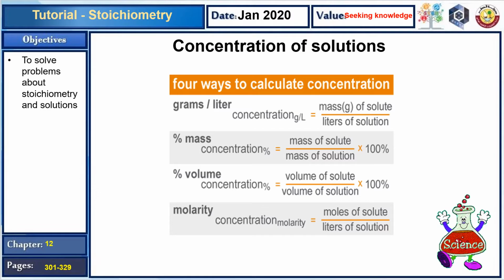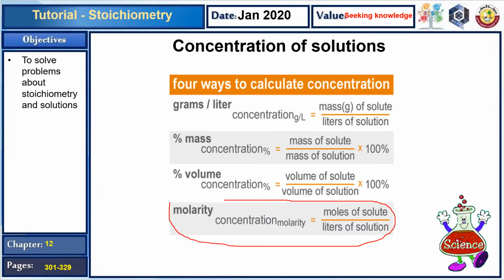Because stoichiometry uses moles, this formula is useful for today, which is saying that molarity, or concentration as a molarity, is equal to moles of solute over liters of solution.